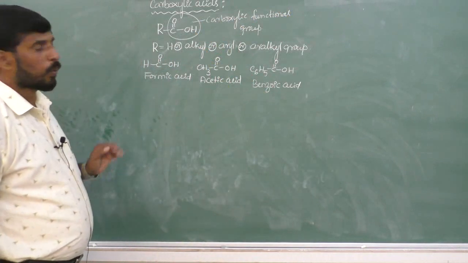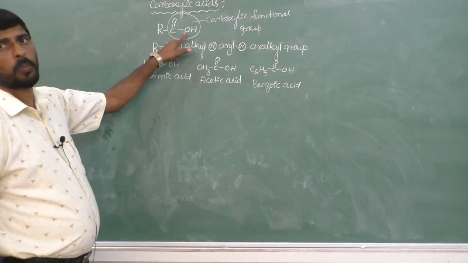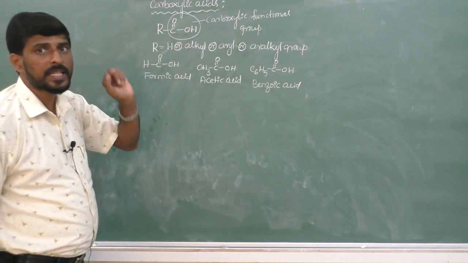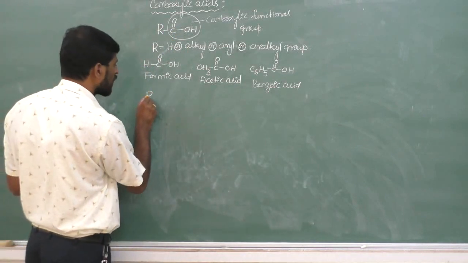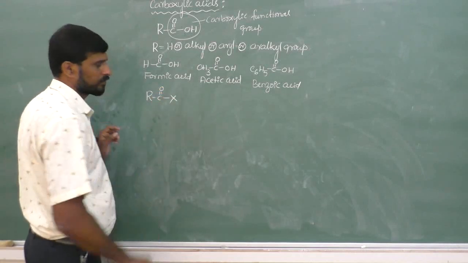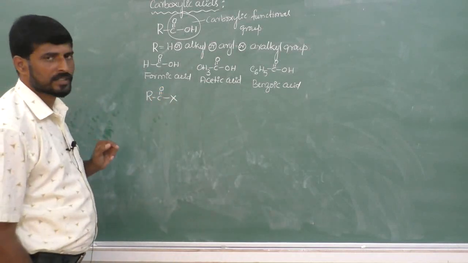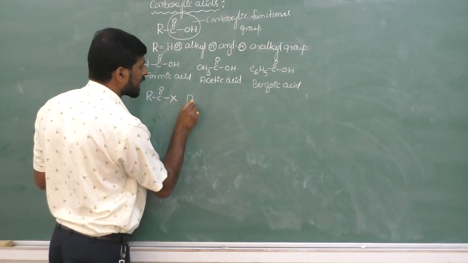Now, what happens if the OH group is replaced by a halogen, that is RCOX, and this compound is called an acyl halide.